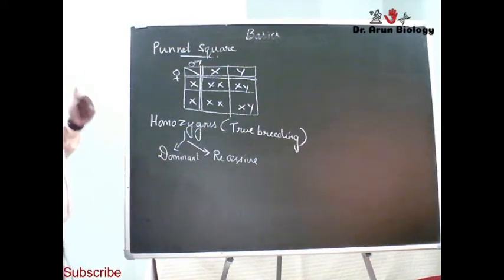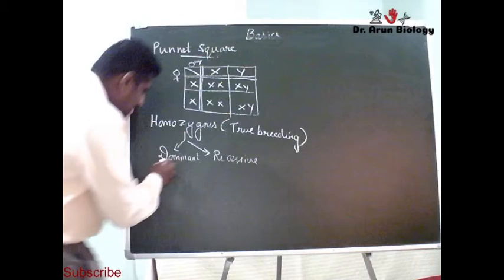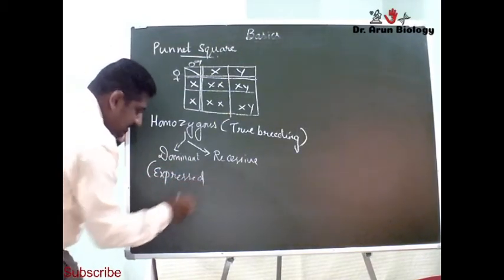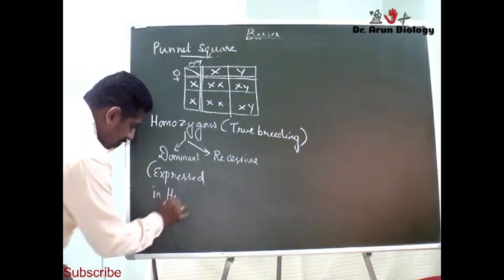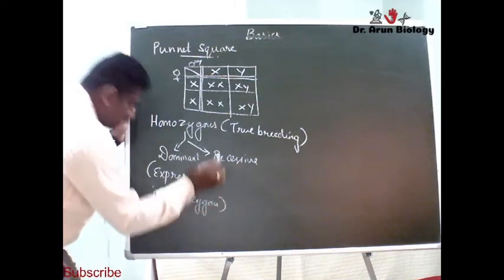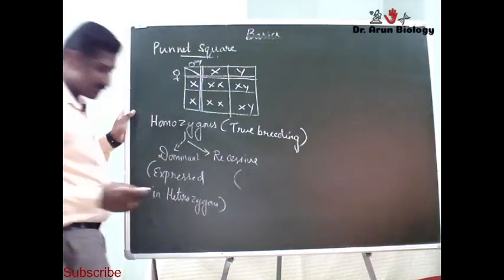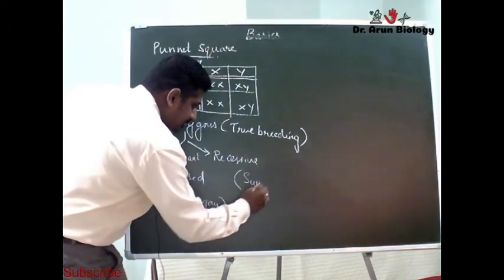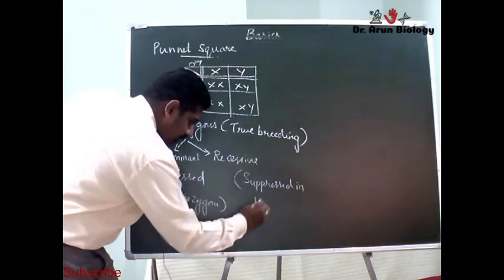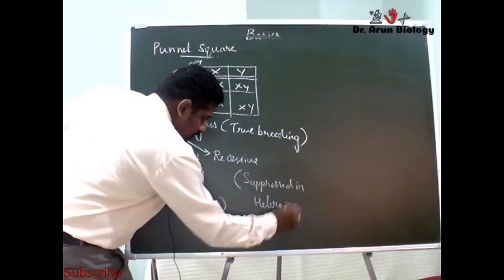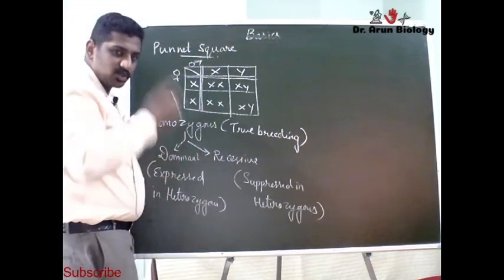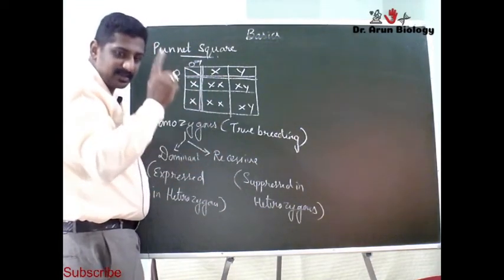Dominant traits are expressed, easily expressed even in heterozygous. But when you talk about recessive, it is suppressed in heterozygous. The recessive trait will be expressed only in homozygous recessive condition.